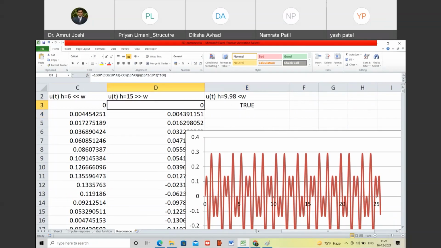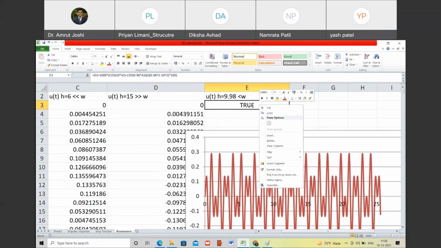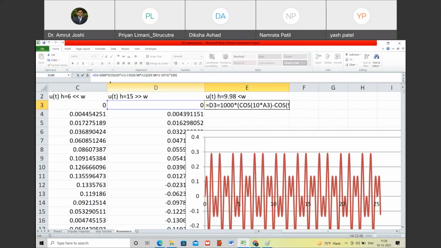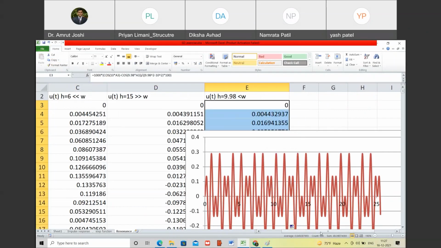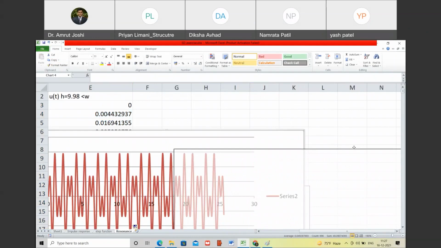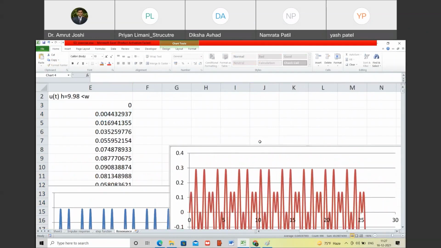What is true? Okay. Control copy, control paste.